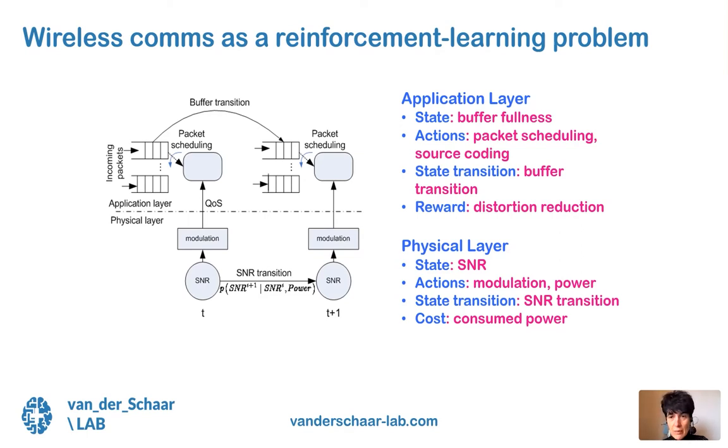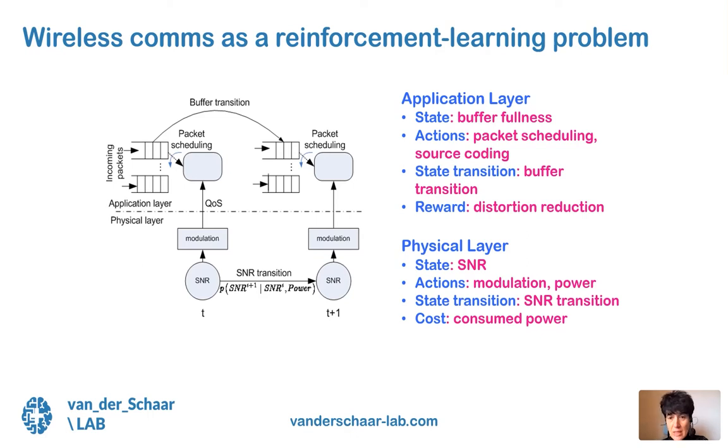And as actions, we have packet scheduling, so how to schedule the different packets, when to transmit them, and potentially in what order to transmit them, as well as, if we have real-time encoding, for instance for video conferencing, how exactly to encode that particular packet. For instance, how many dependencies we should have between the different packets, etc.